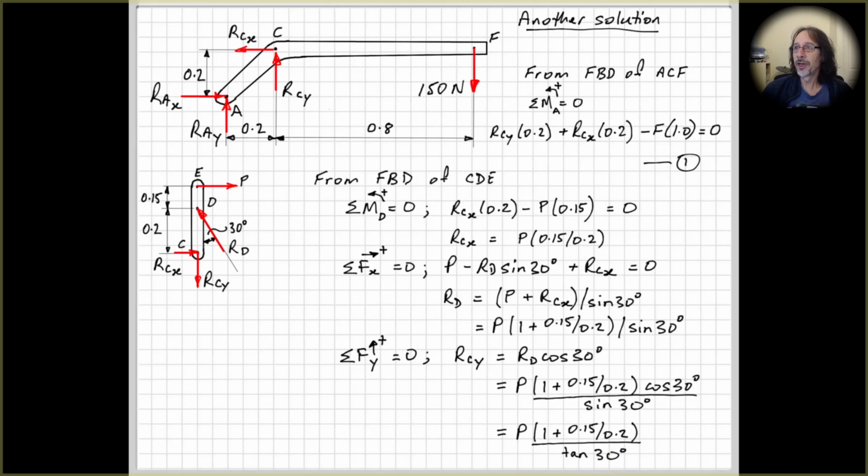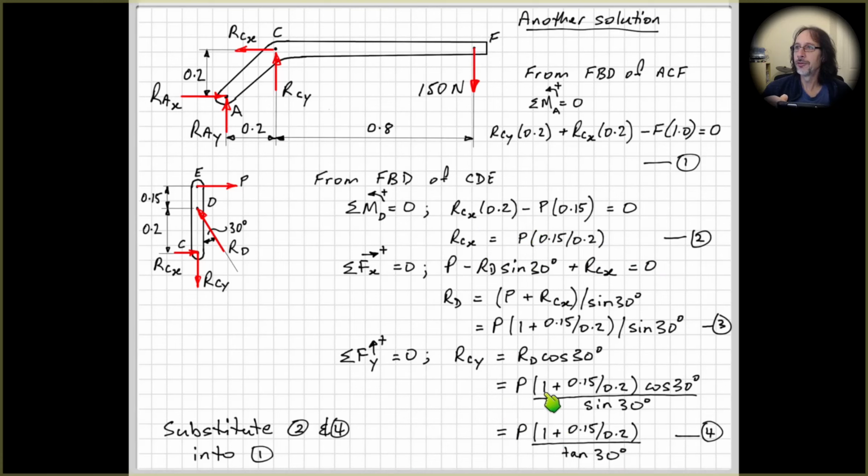So now, I've got a whole bunch of equations. I can see that they're related somehow. So I've just started to label or number all of these equations so I can refer to them. If I substitute RCX, I've got RCX as a function of P, RCY as a function of P, and nothing else.